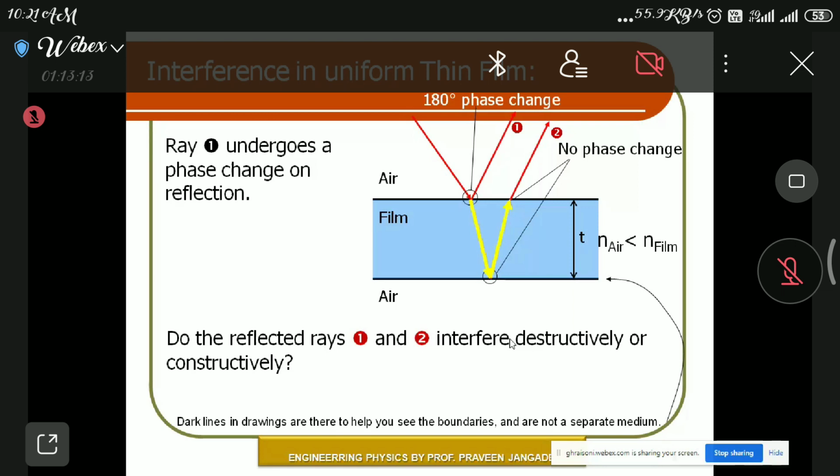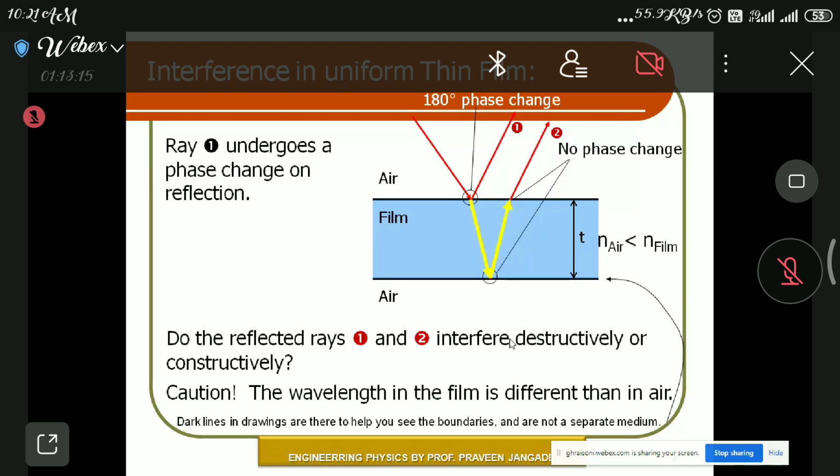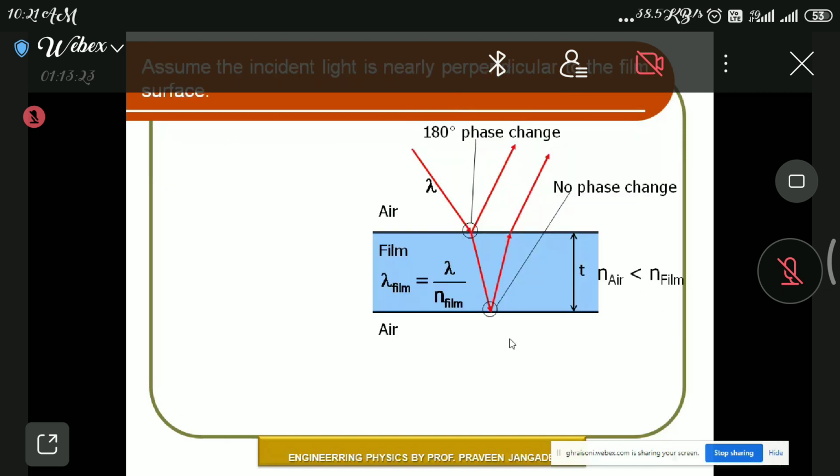Okay, so the caution here is that the wavelength in the film is different than in air. So that is a caution. Now you can see here the wavelength mentioned for the film, lambda film, is equal to lambda by n.